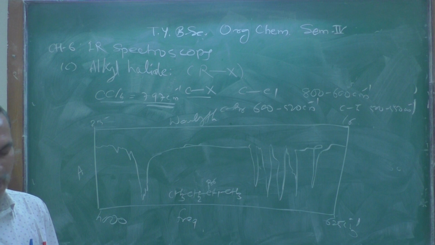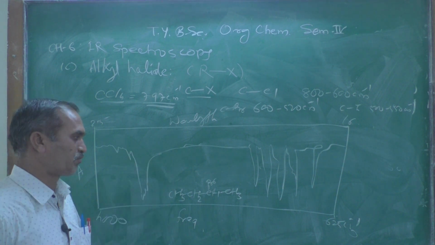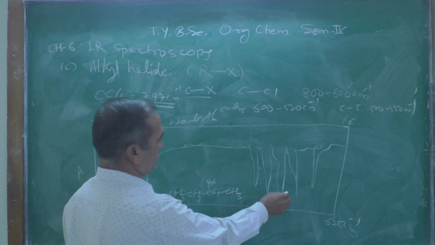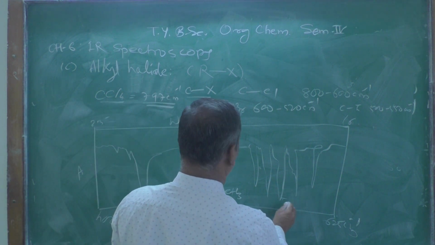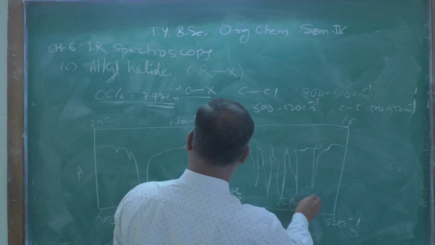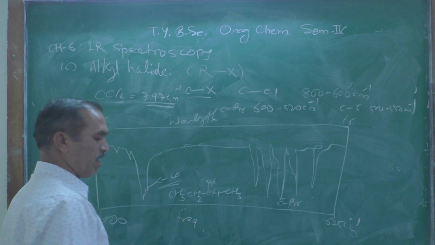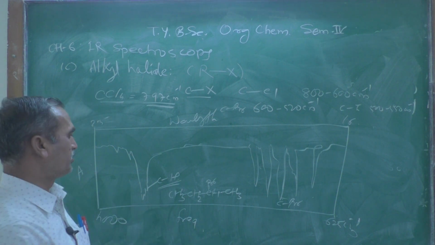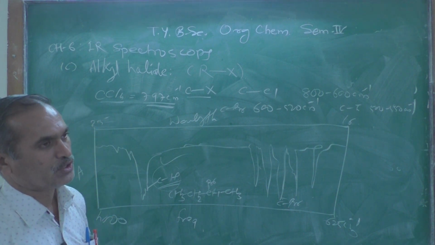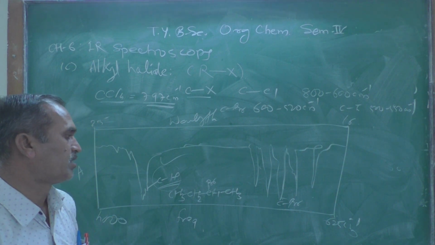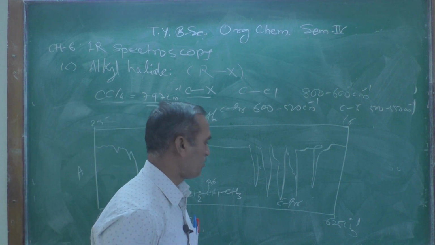If you observe these spectra carefully, this peak is generally due to the C-Br bond, and this peak is due to the CH bond. Every organic compound produces this peak, so it is not a useful peak from the organic chemist's point of view.